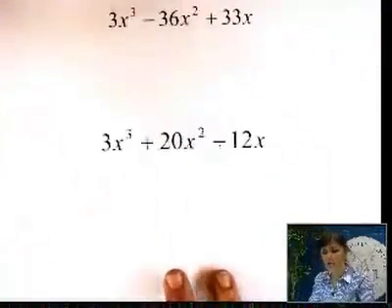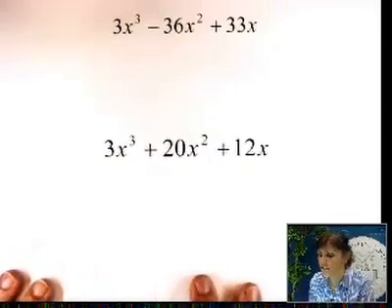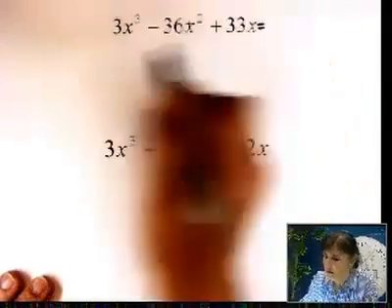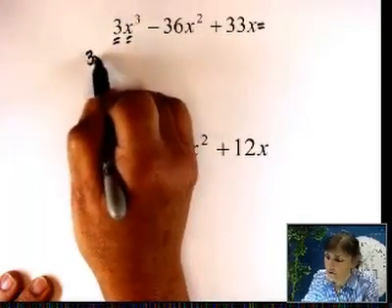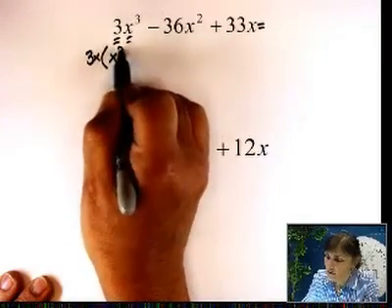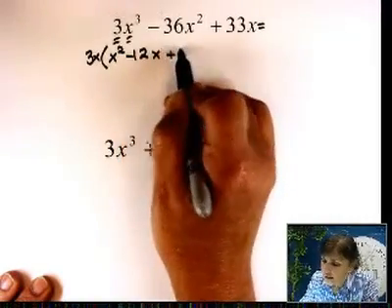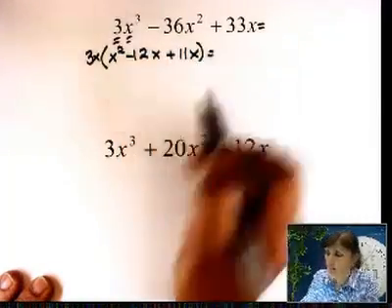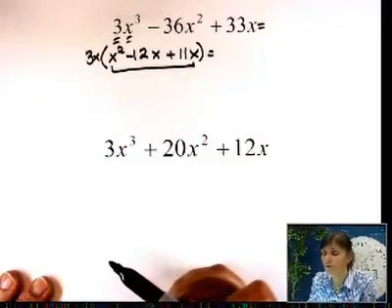Okay, so we're making it harder and harder. So what gets out of here? Take the GCF out. What's repeating? It looks like 3 and x are repeating. Let's take it out. So what do you have? You have x squared minus 12x plus 11. So what do I do? This one is a trinomial, leading coefficient of 1.